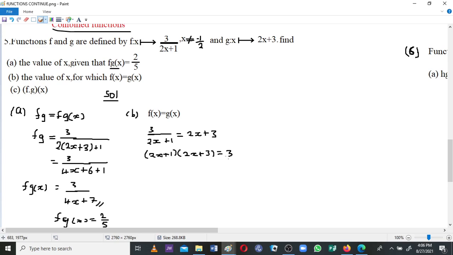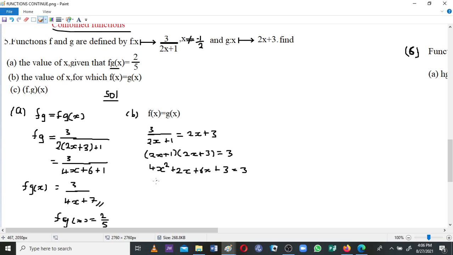Now if you multiply, you are going to get 4x squared plus 2x plus 6x, that's plus 6x, and then plus 3, which should be equal to 3.